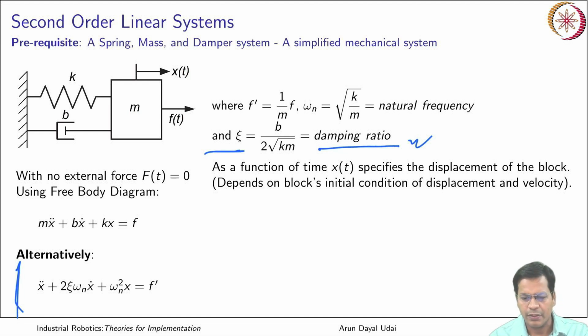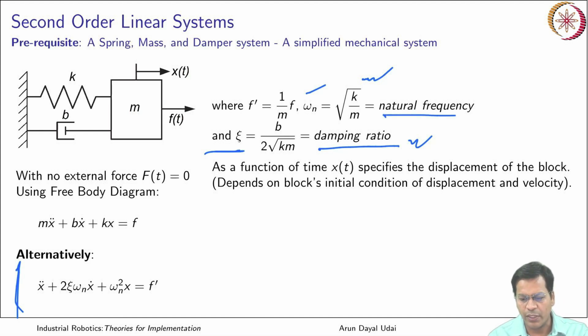Okay, and again, this omega n is your natural frequency, that is given by square root of k by m. So if you leave this system to oscillate on its own without a damper, it will oscillate with this frequency, root of k by m. So that is the natural frequency.